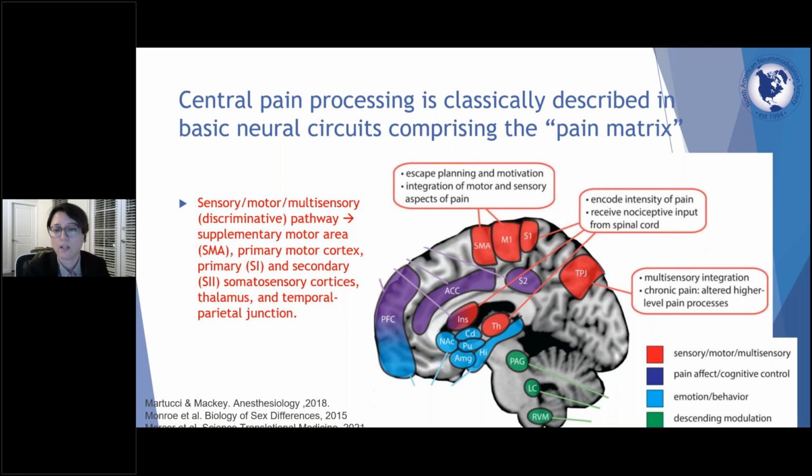Let's start with the sensory discriminative pathways. Well, briefly, this circuit, also referred to as the lateral pathway, includes structures such as primary and secondary somatosensory cortices, primary motor cortex, supplementary motor area, temporoparietal junction, thalamus in the deep brain, and insular cortex up to some extent.